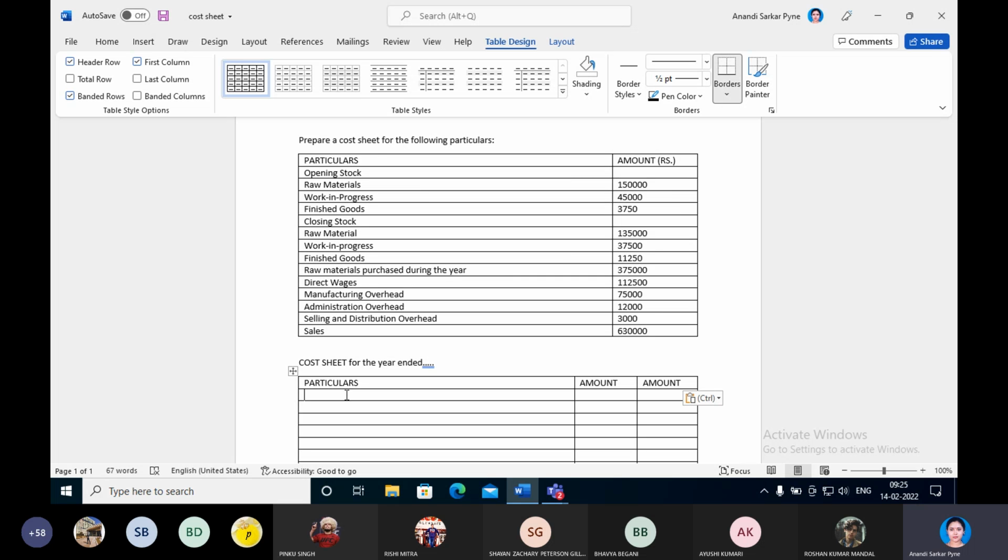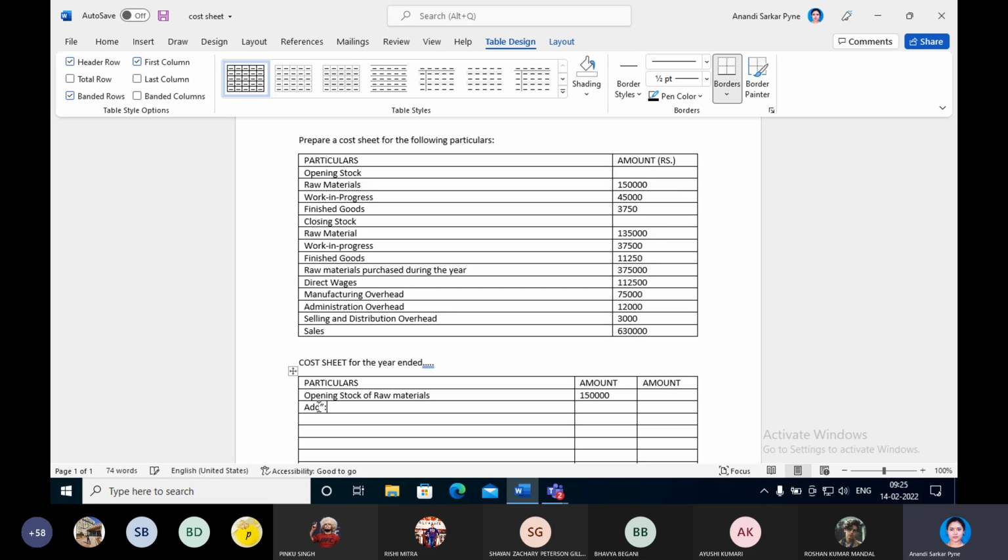First is opening stock of raw material, one lakh 50,000.